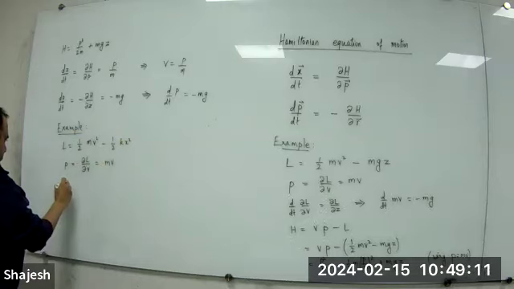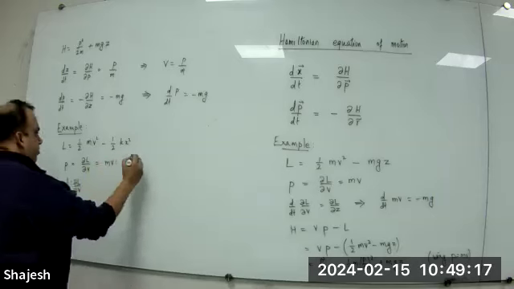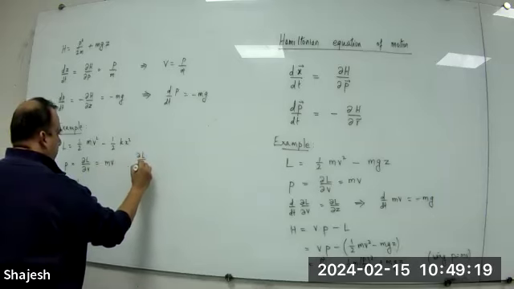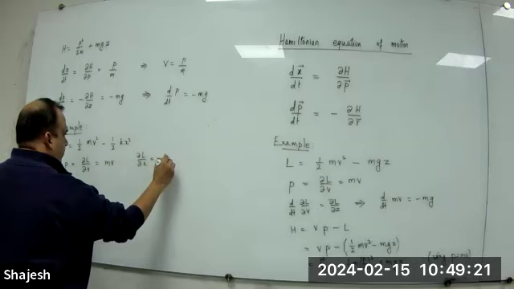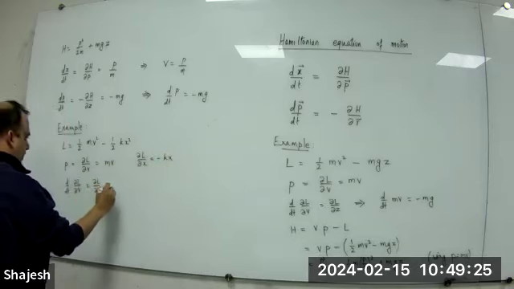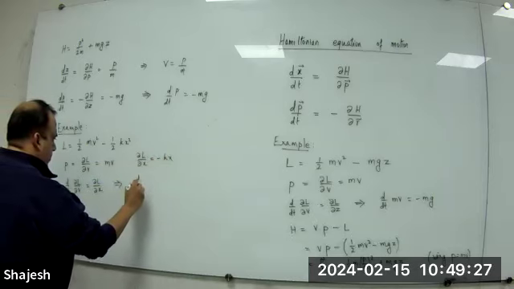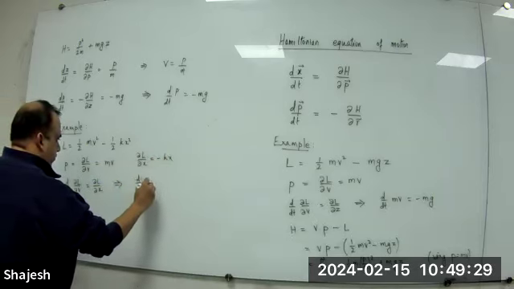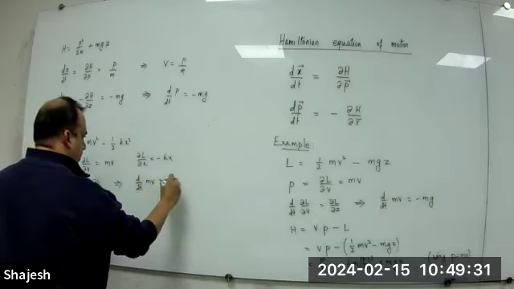Again, the Euler-Lagrange equation: d by dt of dL by dv equals dL by dx, which is equal to minus kx. This implies that d by dt of mv is equal to minus kx, right?